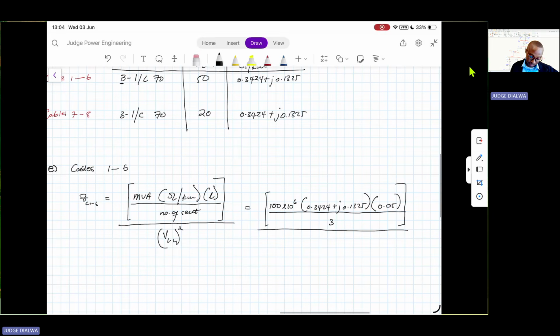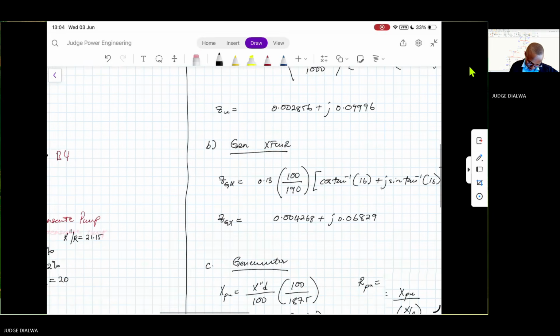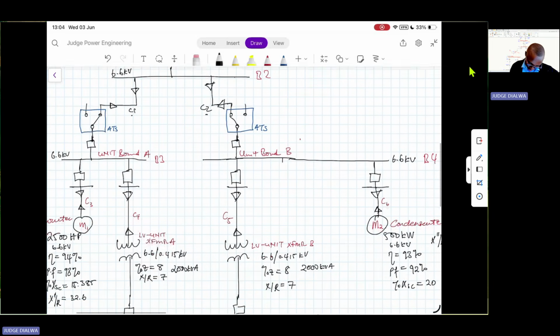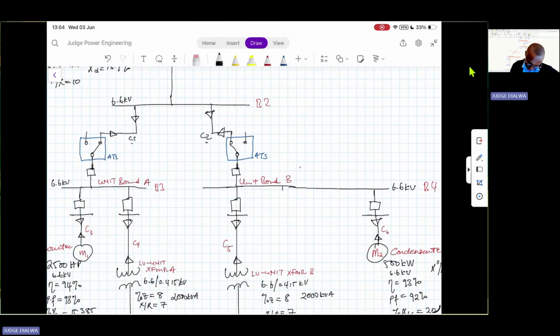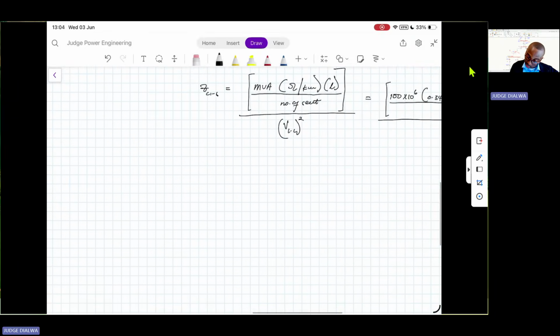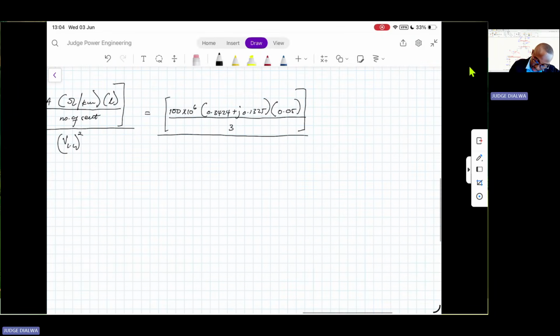Cables C1, C2, C3, C4, C5, and C6 are all connected at the 6.6 kV level. So that is the common voltage. So that will be divided by 6,600 volts squared.